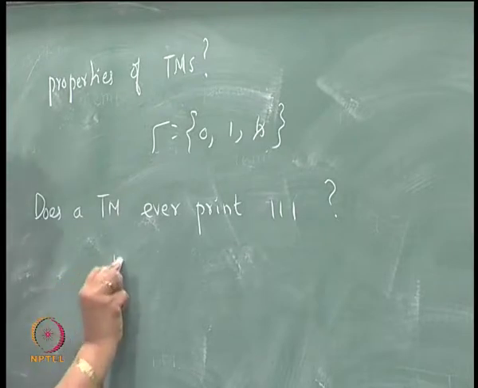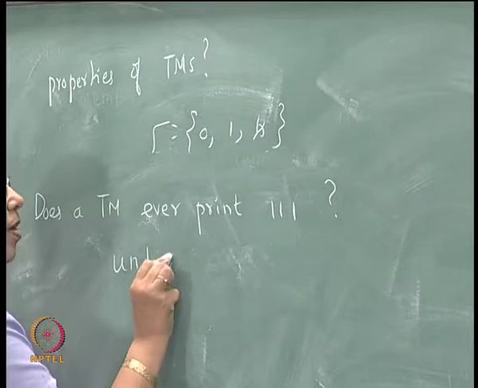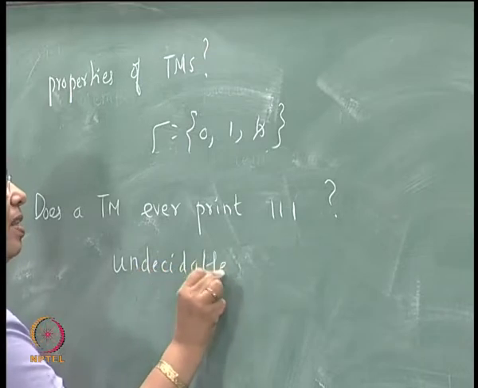This is undecidable. How do you prove that this is undecidable?